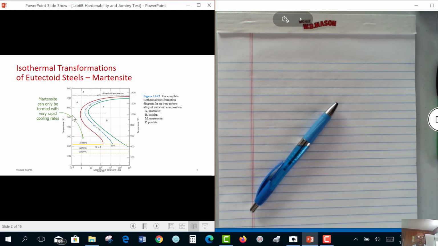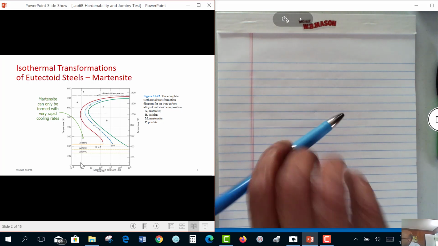Below the nose temperature, we get bainite. In between martensite start and finish temperature, we'll get a combination of austenite and martensite. And of course, if we cool it below martensite finish temperature, we'll get 100% martensite. So we have three things that can happen.